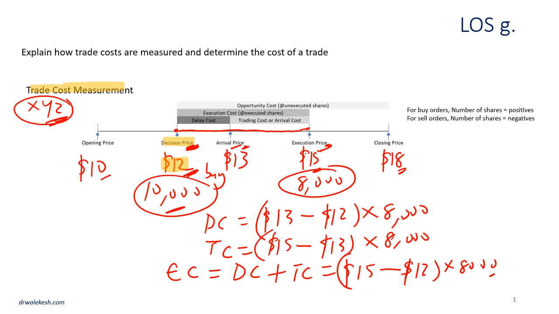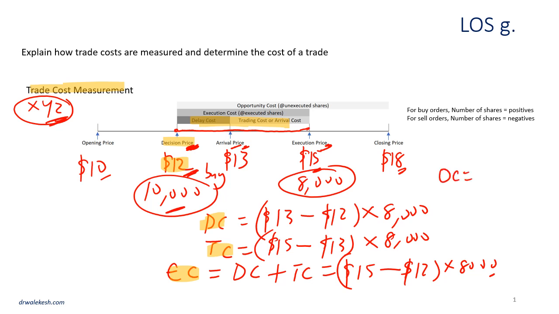So you can already see that delay cost, trading cost, and execution cost, they all go with the number of shares executed. You must execute shares for you to be talking about delay cost, for you to be talking about trading cost, or for you to be talking about the addition of both, which is execution costs. So now let's move to opportunity cost.